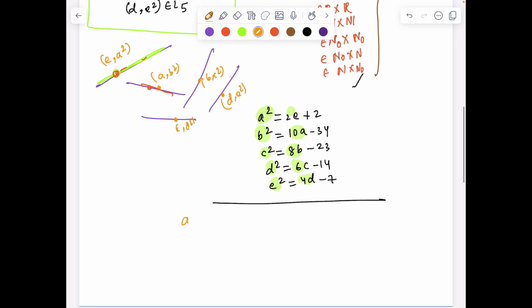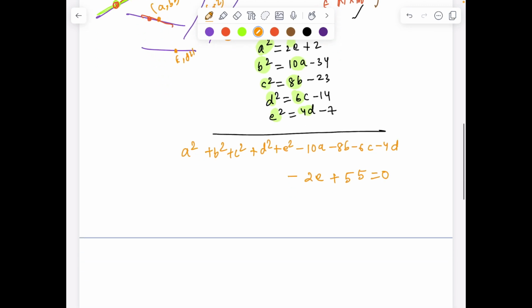So let's write this: a square plus b square plus c square plus d square plus e square minus 10a minus 8b minus 6c minus 4d, and again minus 2e, right? Minus 2e and plus 55 equals 0.